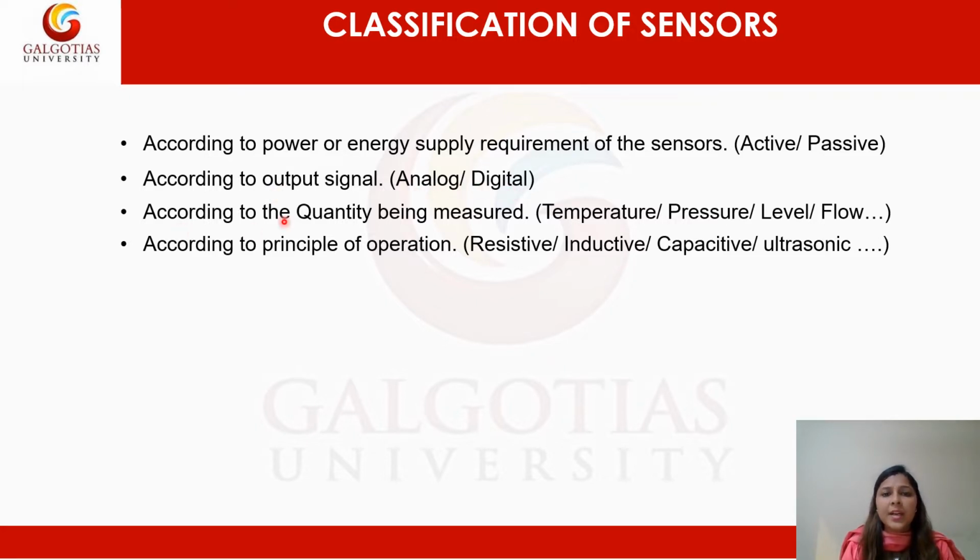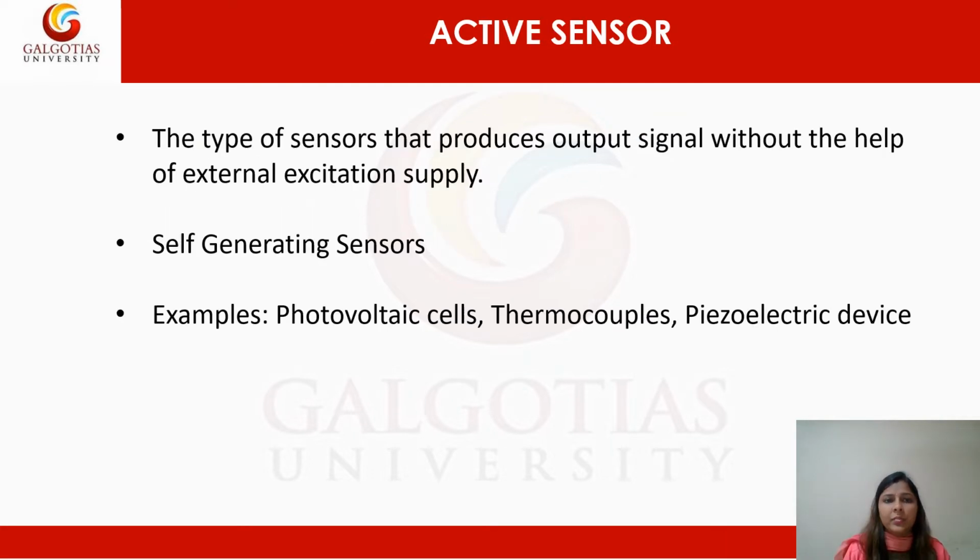According to the quantity being measured, we can categorize our sensors as temperature sensors, pressure sensors, level sensors, flow sensors, etc. And one more classification is on the basis of principle of operation. Depending upon that, we have resistive sensors, inductive sensors, ultrasonic sensors, capacitive sensors, etc. We will be discussing all these sensors.